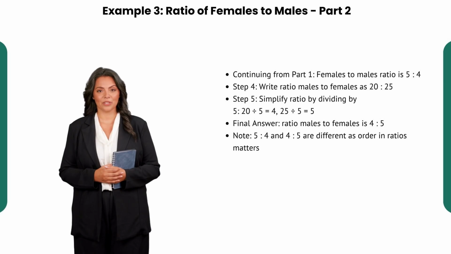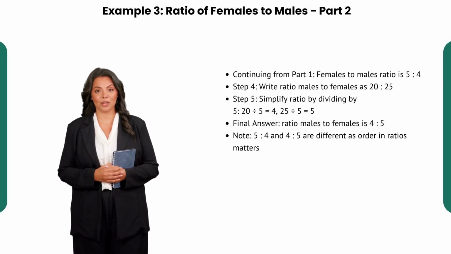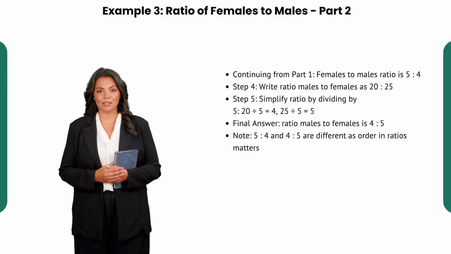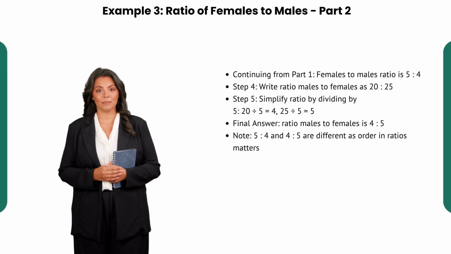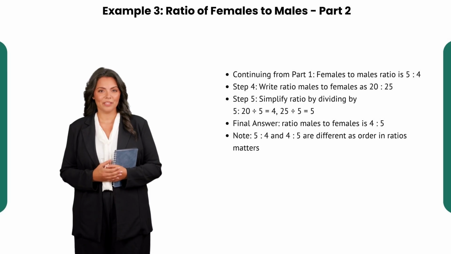Continuing from where we left off, we found the ratio of females to males is 5 to 4. Step 4. Now let's write the ratio of males to females. That is 20 males to 25 females. Step 5. Simplify by dividing both terms by 5, the greatest common divisor. 20 divided by 5 gives 4, and 25 divided by 5 gives 5.